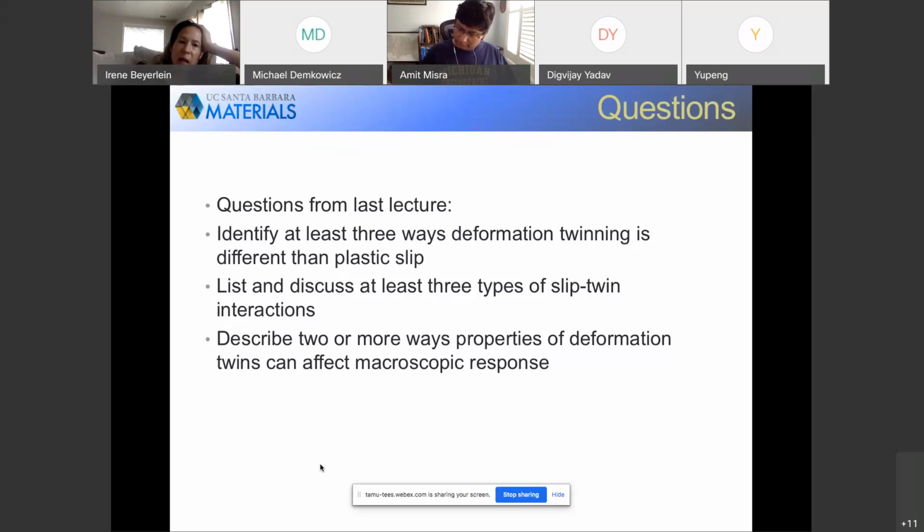That idea has prevailed for FCC and BCC in cases, as I mentioned earlier, where the twinning dislocation shares the same plane as the slip dislocation. So it was a planar dissociation reaction.